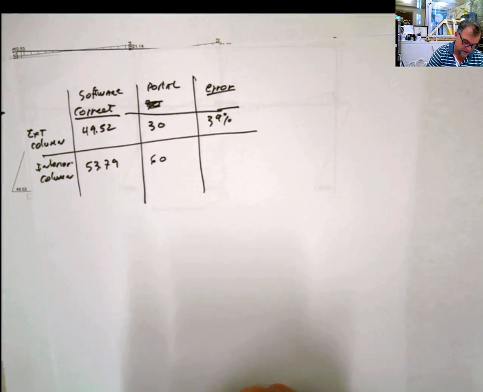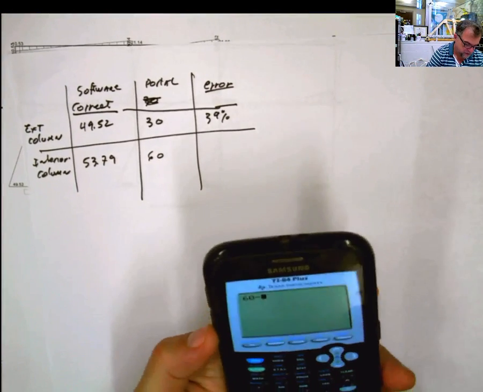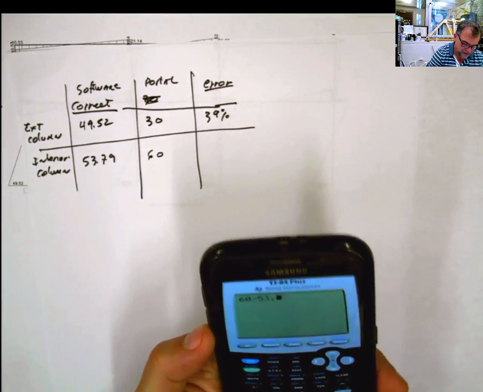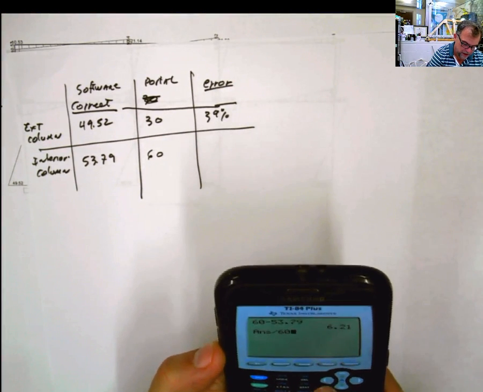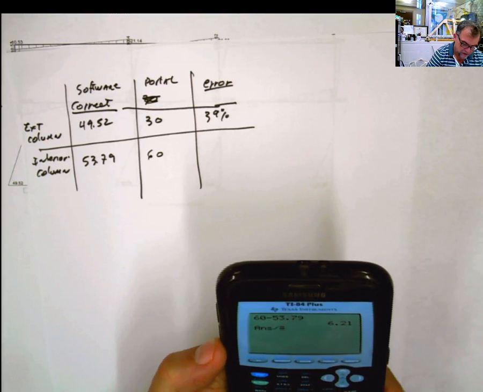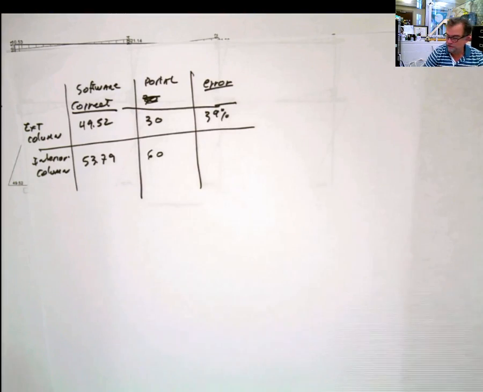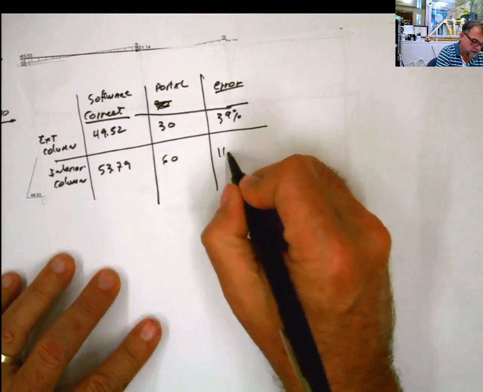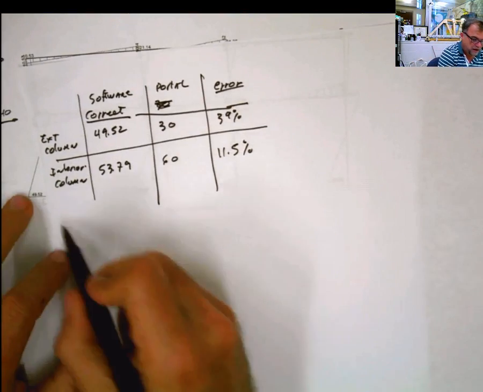I mean, it's 60 minus 53.79 divided by 60. That's 11.5% of error. That's a really small error. Now let's talk about girders.